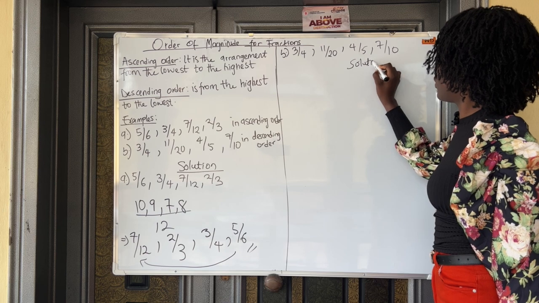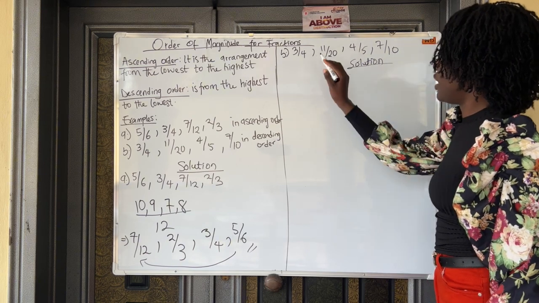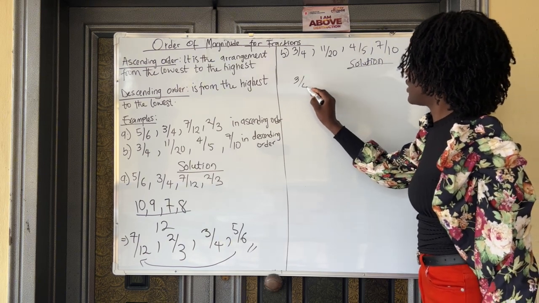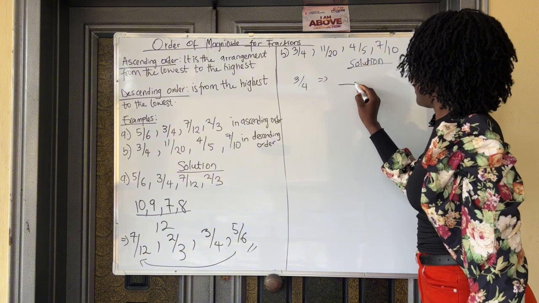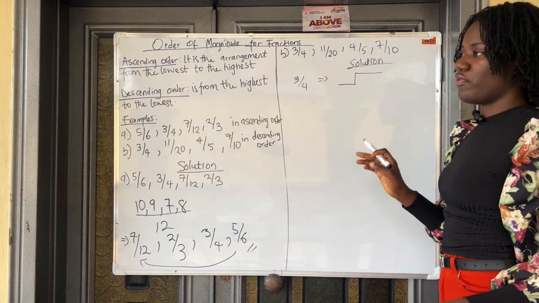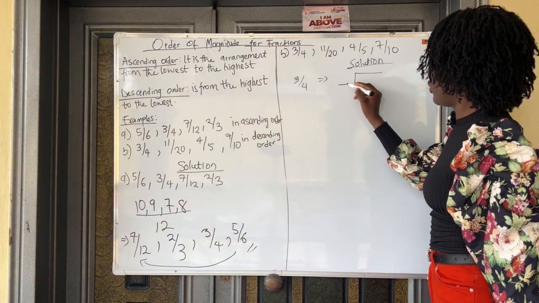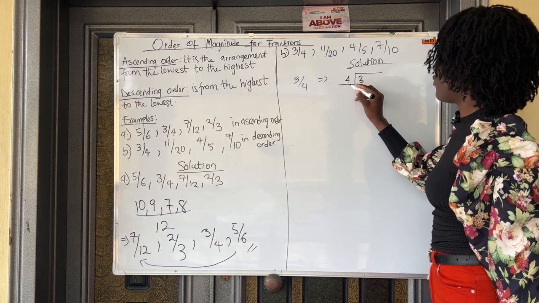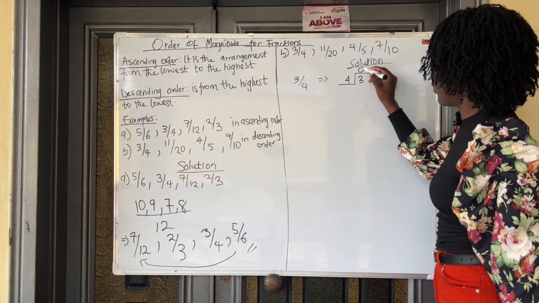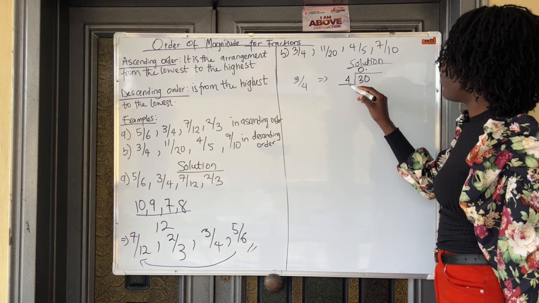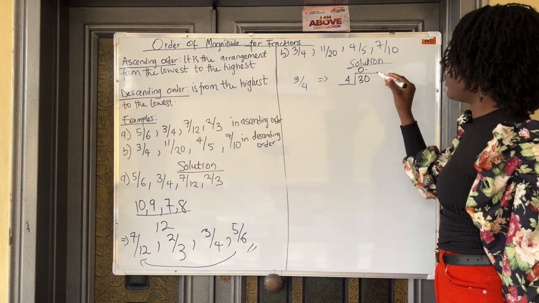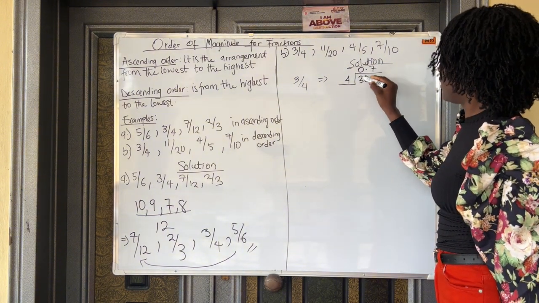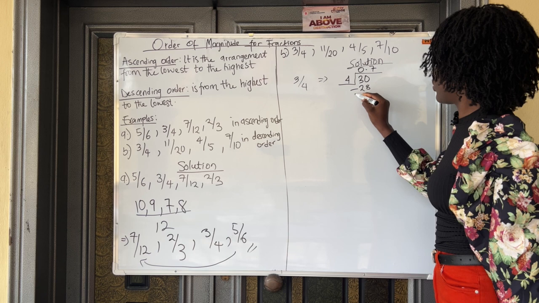Solution. Okay. Now the first thing, let's convert 3 over 4 to decimal. In my last video, I already explained how to convert a fraction to a decimal. So the denominator will be here and the numerator will be here. 4 divided into 3, it can't go. So we're going to have 0 point and add 0 here. 4 divided into 30, that's 7. 7 times 4, 28. You subtract.